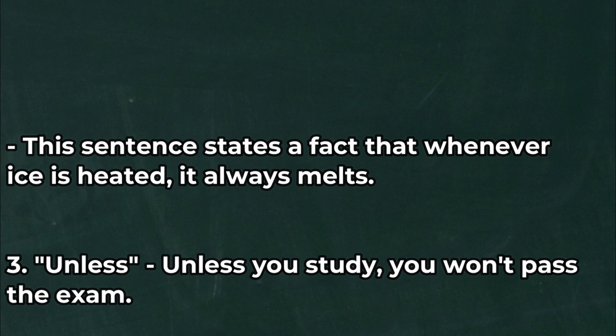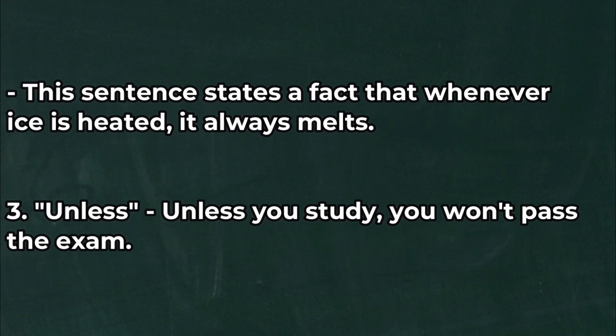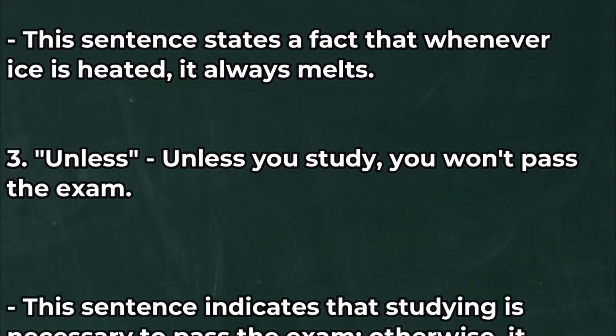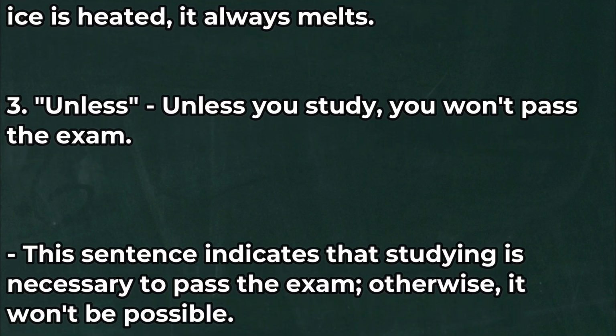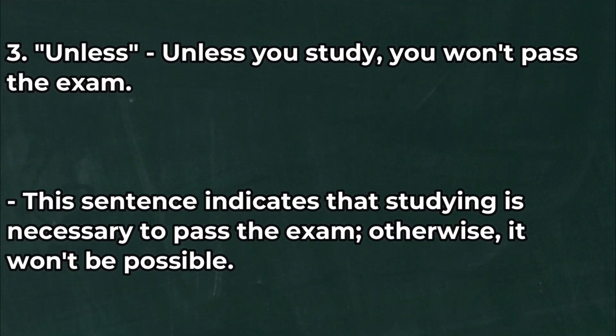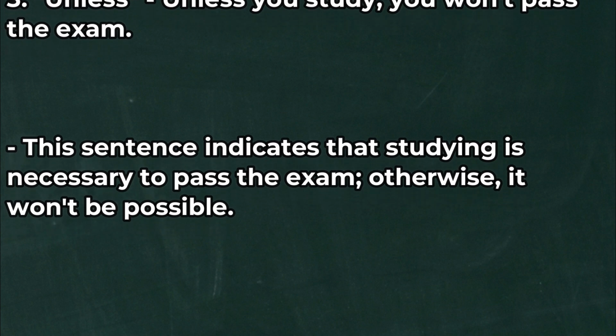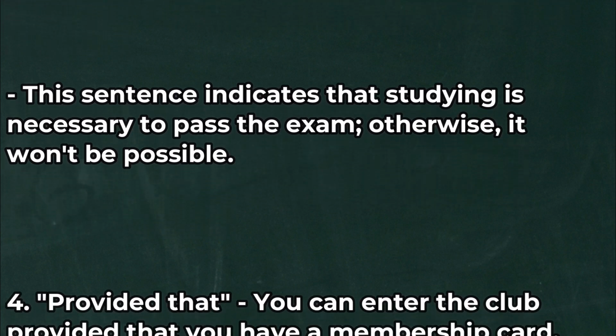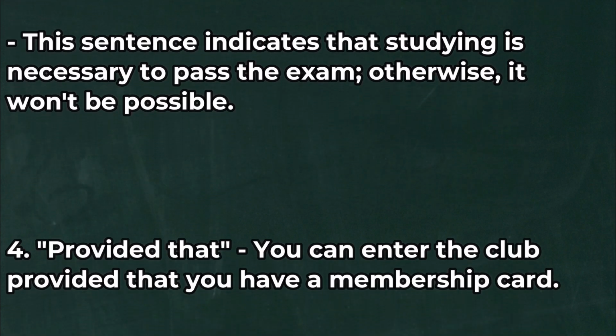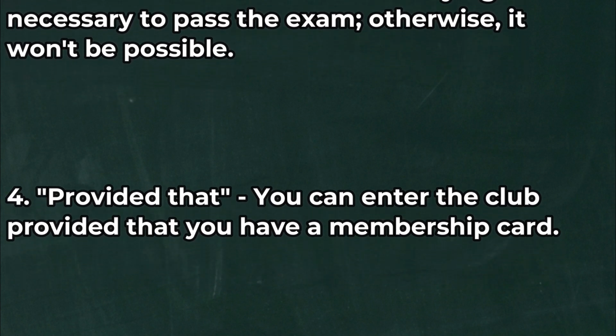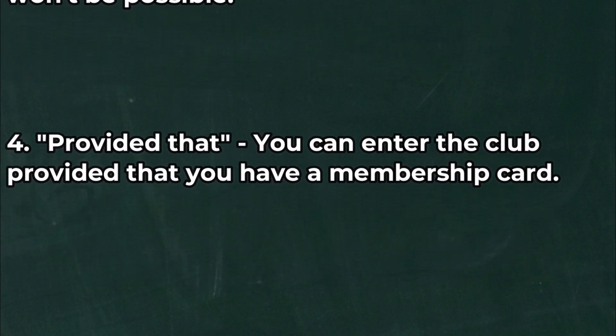3. Unless you study, you won't pass the exam. This sentence indicates that studying is necessary to pass the exam, otherwise, it won't be possible. 4. You can enter the club provided that you have a membership card.